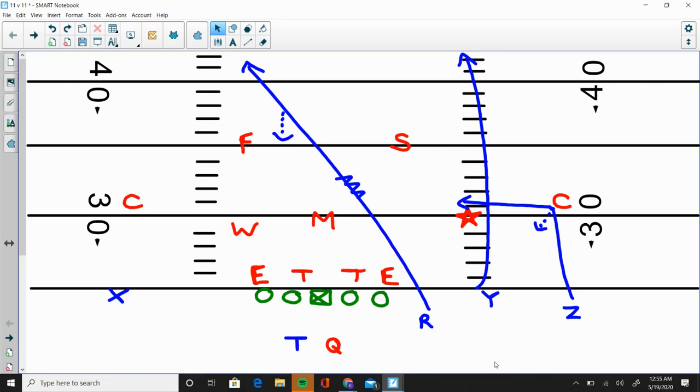But if we come out in an unbalanced formation and they're 1-cap, a 1-cap look would be if that backside safety was to the right of the center line to any degree whatsoever. That would be considered a 1-cap look because to the left of the center line, there's only 1 deep defender over here. And if that's the case, we want the quarterback to choose to play that one-on-one. So 2-cap in an unbalanced formation, if we have a 2-cap look, play the strong side.